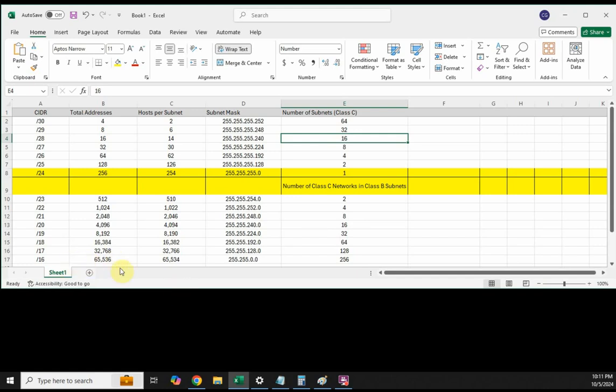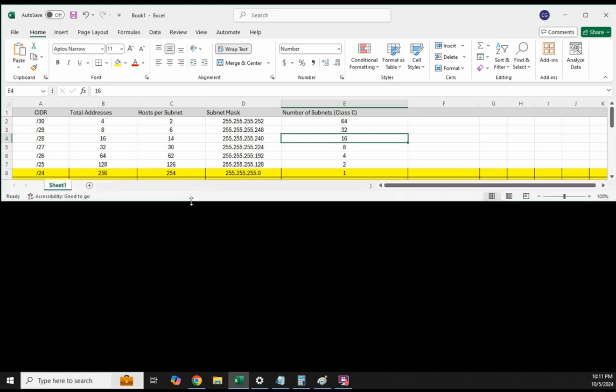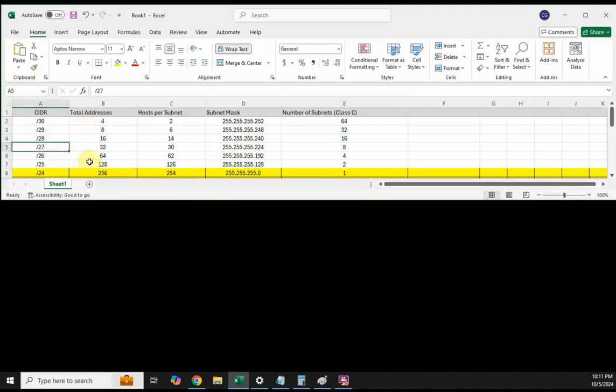I could add to it if I needed to. As long as you understand how this correlates with this and with that, how the CIDR notation correlates to the number of addresses and how many subnets that is for a Class C.